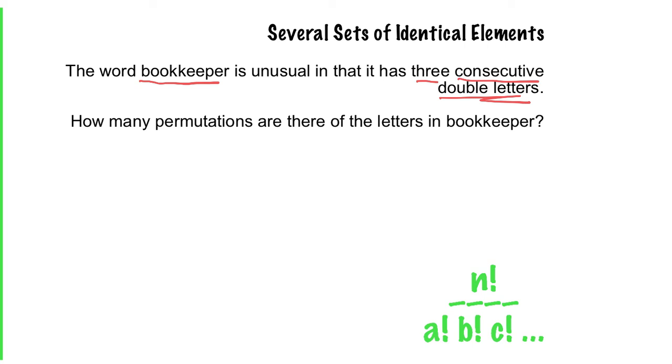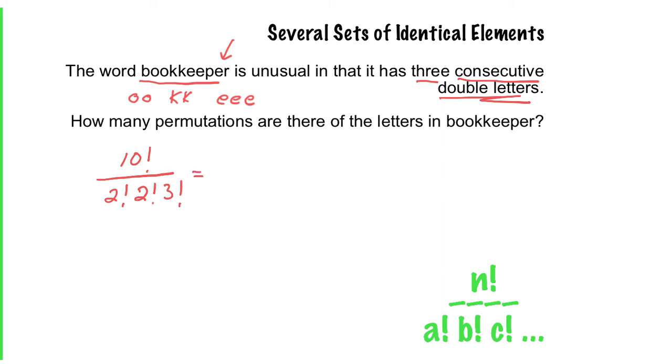So we've got a couple of O's, a couple of K's, a couple of E's, but then we've got a 3rd E hiding over here. So in this case, there are 10 letters in bookkeeper. To account for the double O, we divide by 2 factorial. To account for the double K, we divide by 2 factorial. And to account for the fact that we have 3 E's, we divide by 3 factorial.